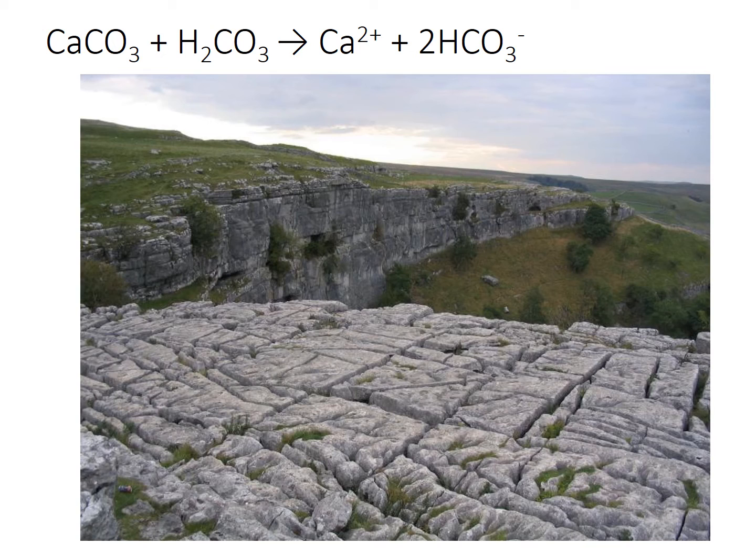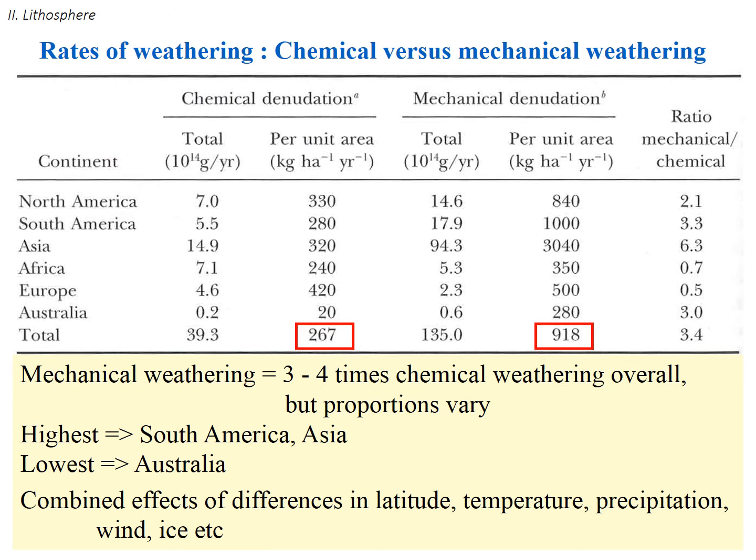So although this looks like the rock is being dissolved by rainwater flowing over it, it's actually being dissolved because soil is forming in cracks, and that soil is very high in dissolved carbon, which causes it to be acidic. That's what's causing the dissolution.